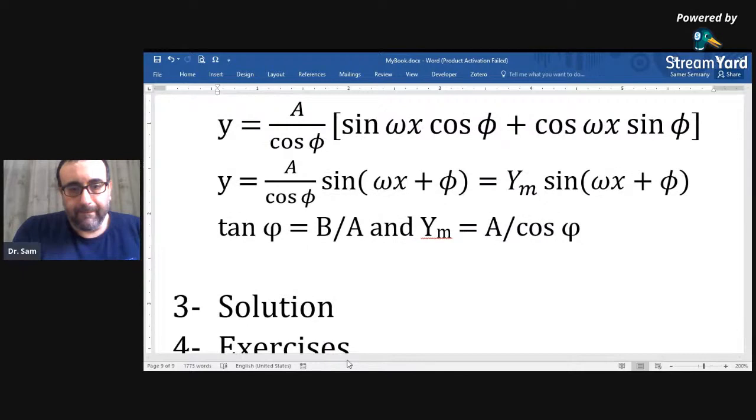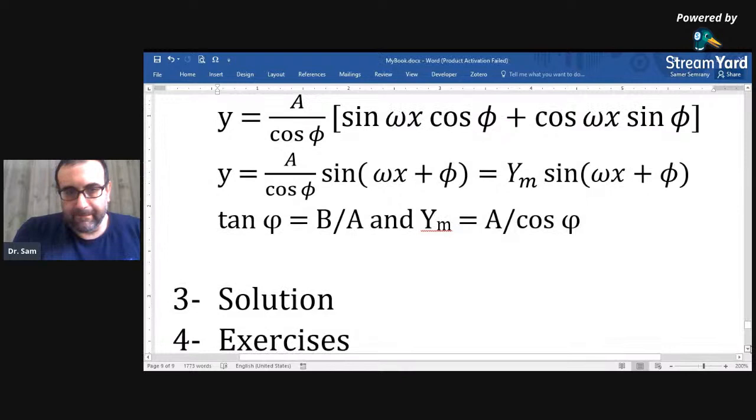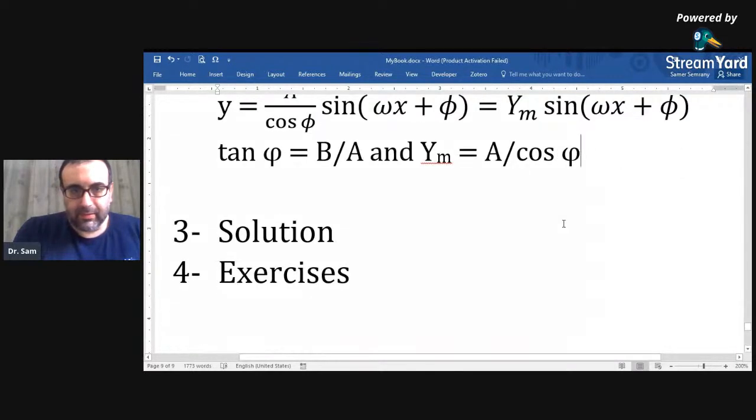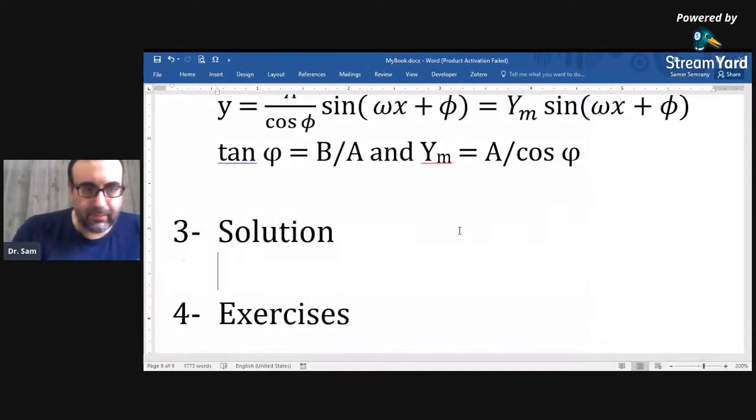Now we can take another type of equations and see how to solve them. So we will take another form.